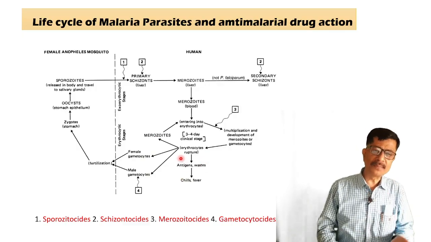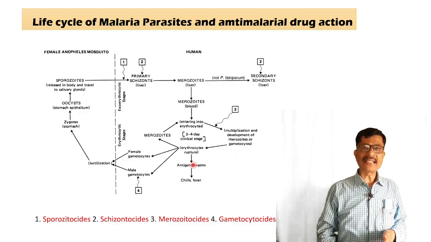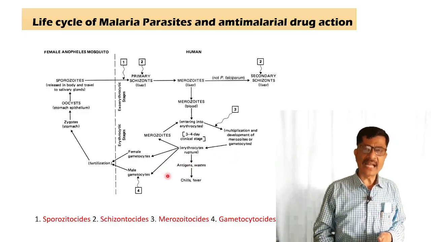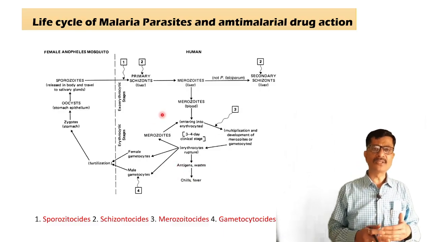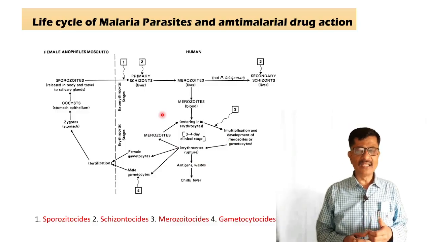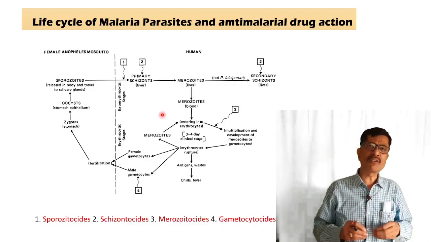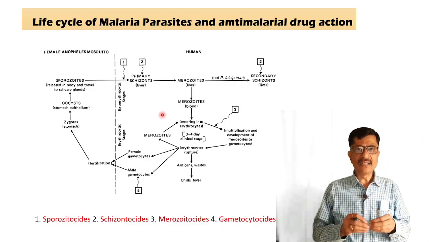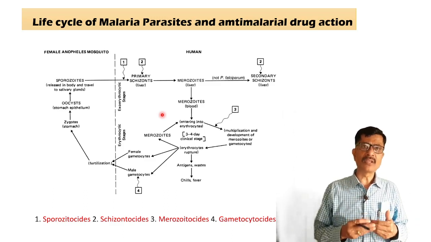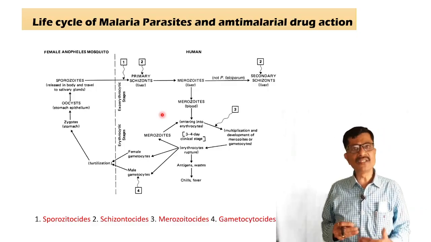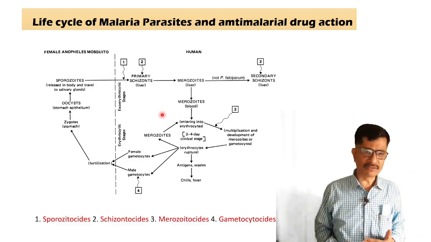Due to the rupture, foreign proteins are released in the body that act as antigens and cause chills and fever. So the major symptoms of malarial infection are chills followed by fever. The chills are because of the breakdown of the erythrocytes, and the fever is because of the body's antibody response to the antigens, or foreign proteins, released by the breakdown of the erythrocytes.